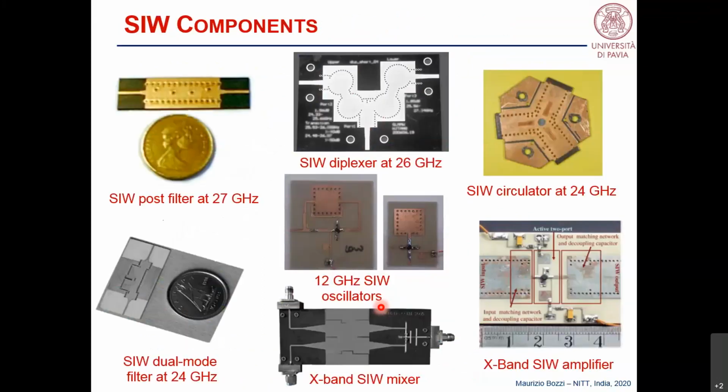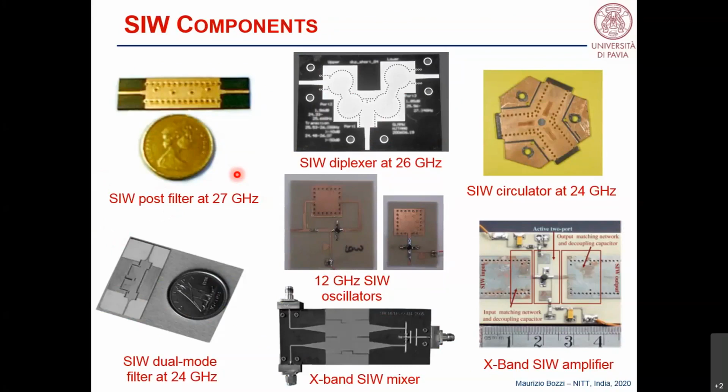In this slide, I report a few of the first SIW components that have been proposed by different groups, some of them in Canada at École Polytechnique of Montreal, others in China, mainly Southeast University.